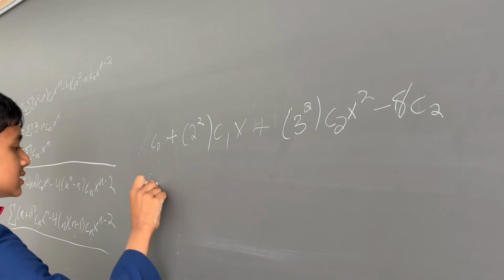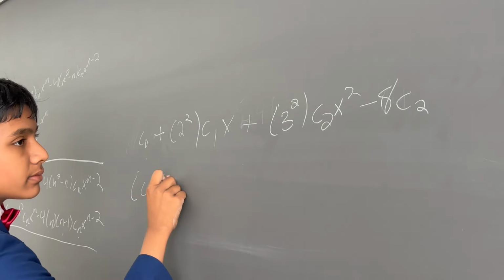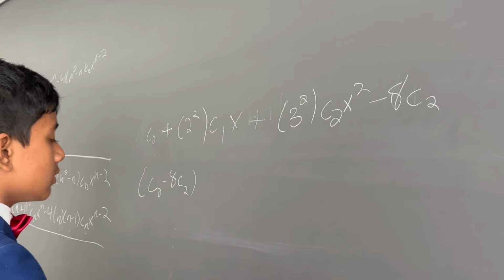So that means our constant term is c0 minus 8 c2.